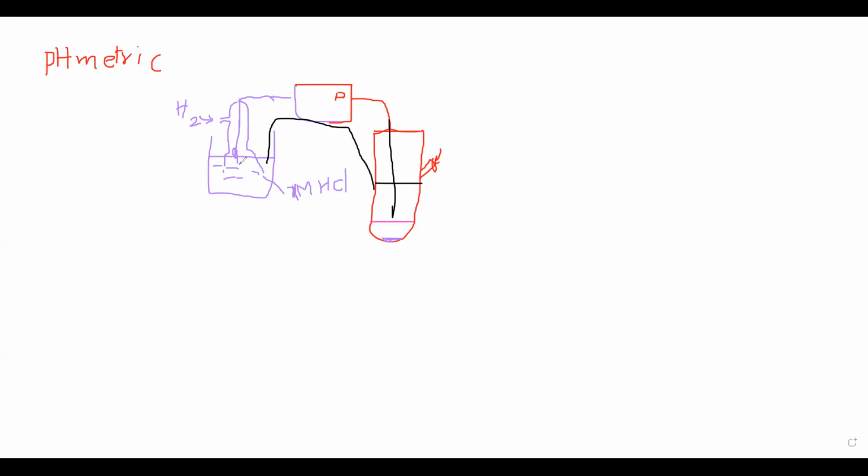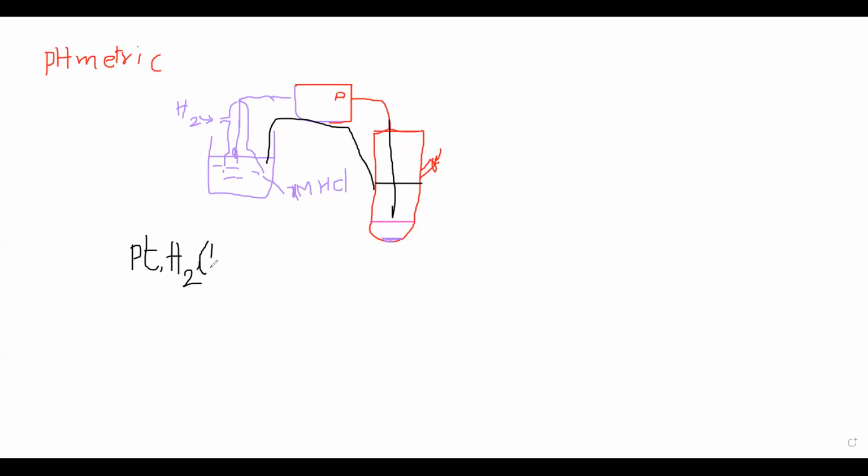And if you want to know the pH, how to calculate it? This is a cell, known as an electrochemical cell, where hydrogen, platinum is one electrode.